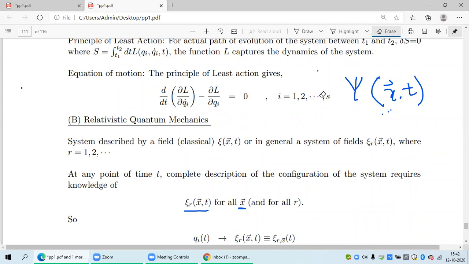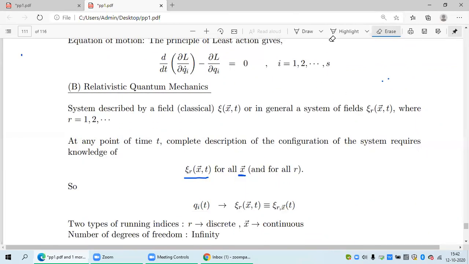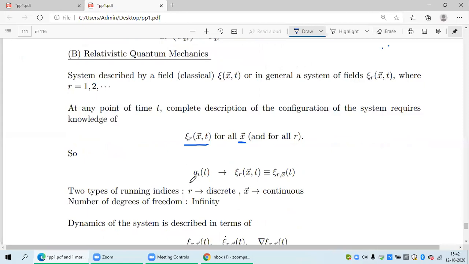Now, if we want to look at this just as a classical system described by its degrees of freedom, described by its generalized coordinates, the corresponding classical quantity is q_i, where i stands for a particular degree of freedom, the generalized coordinate as a function of time.